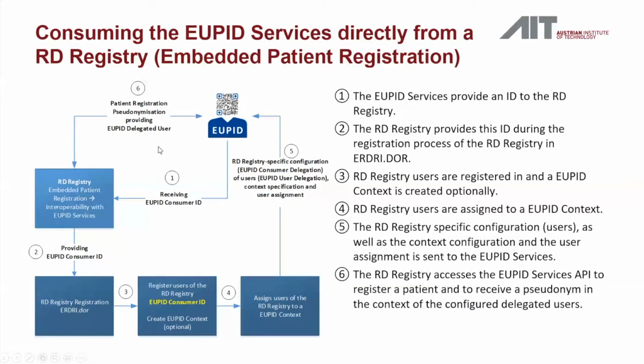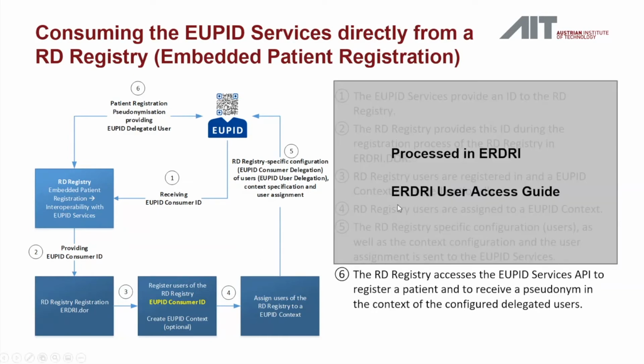This means that all those pseudonymization processes, the initialization process and the registration process, are user specific. This is not done in the context of the rare disease registry, but in the context of one of the users currently logged into the rare disease registry.